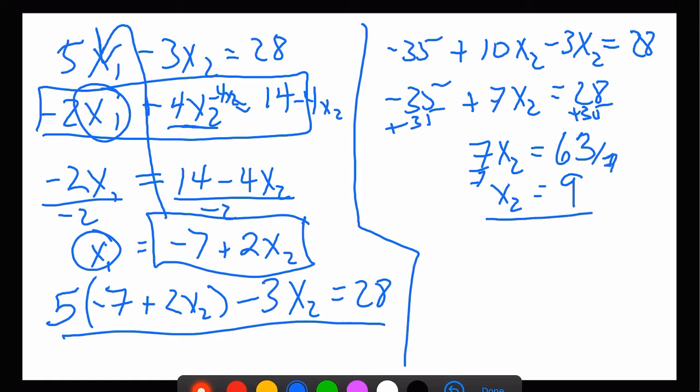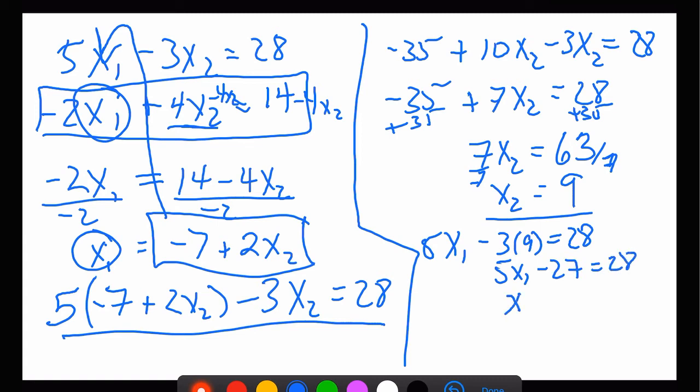Okay? Well, if x2 equals 9, what does x1 equal? So 5x1 minus 3 times 9 equals 28. So 5x1 minus 27 equals 28.